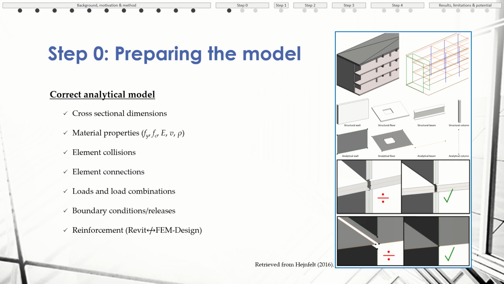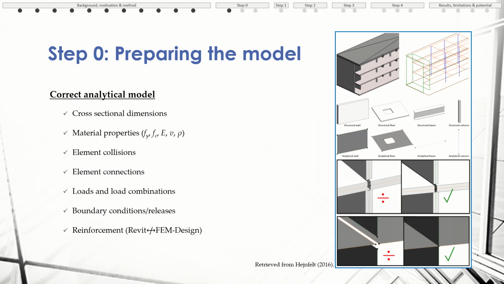This includes defining cross-sectional data or material properties, connections, the loads and the load combinations they correspond to, and the boundary conditions. And you also have to be aware that the structure is properly connected, and not just seemingly properly connected. These analytical models need to be properly connected.